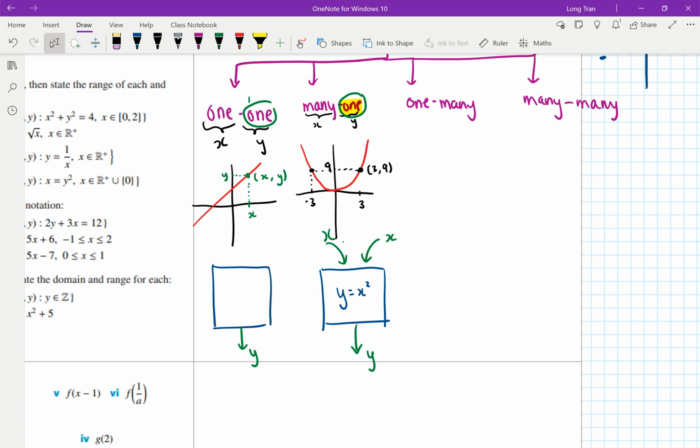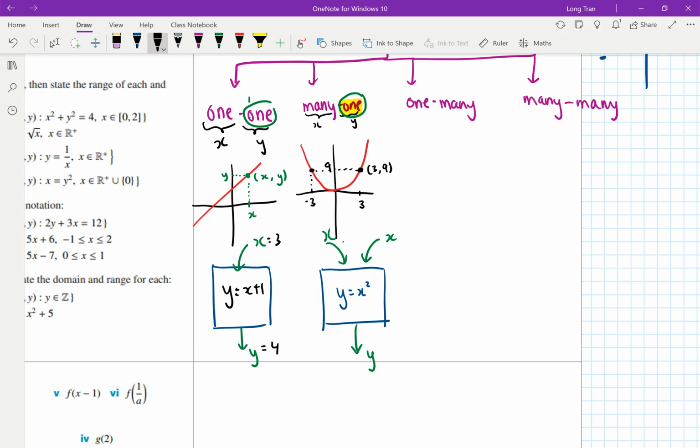So I can chuck in 3. 3 squared gives you 9, or -3 into the machine still gives me 9. But in a one-to-one, there is only one x that I can throw in. So for example, y equals x plus 1. Right? If I chucked in 3, then I will get 4. There's no other way that I can get a 4 in a linear equation.